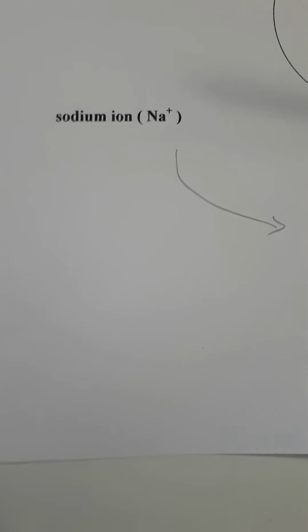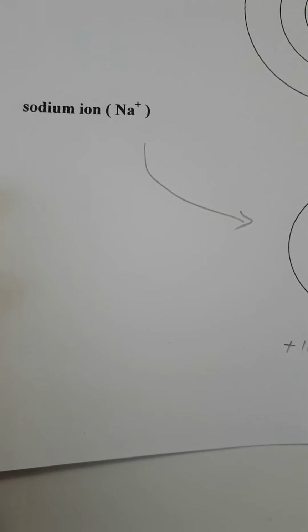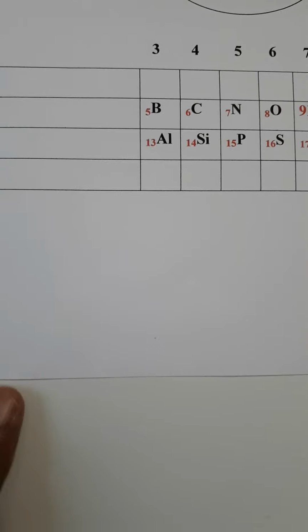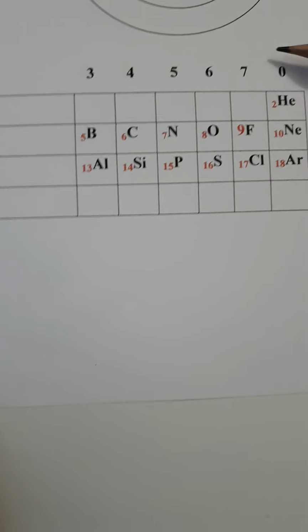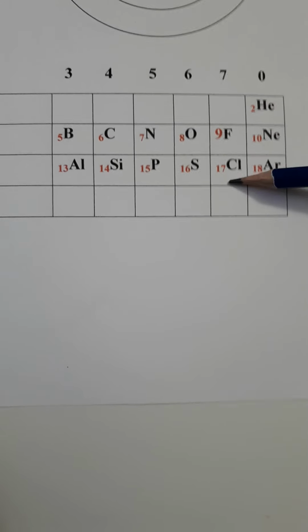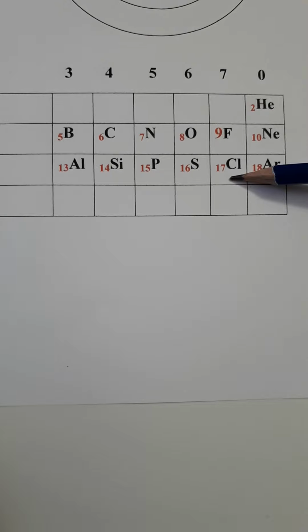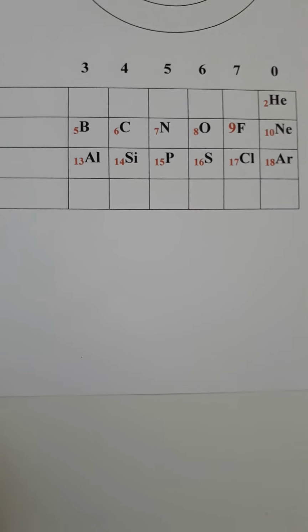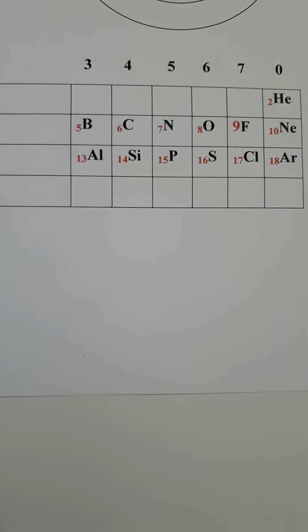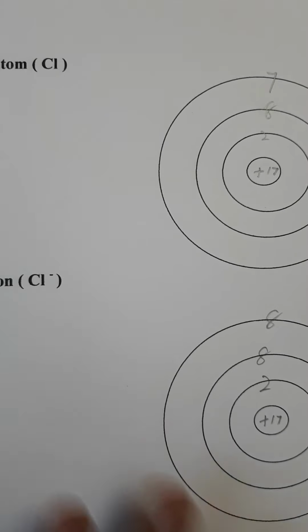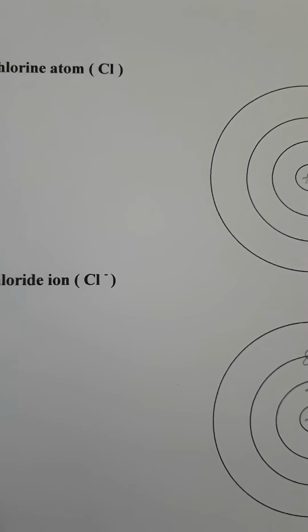Similarly, if you look at the chlorine atom, chlorine is in group number 7. It has 17 protons. How will its electron configuration look?